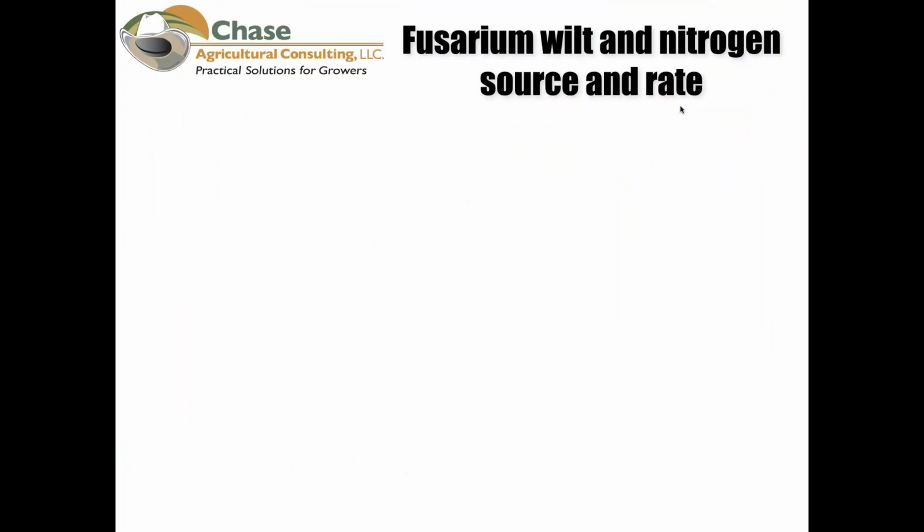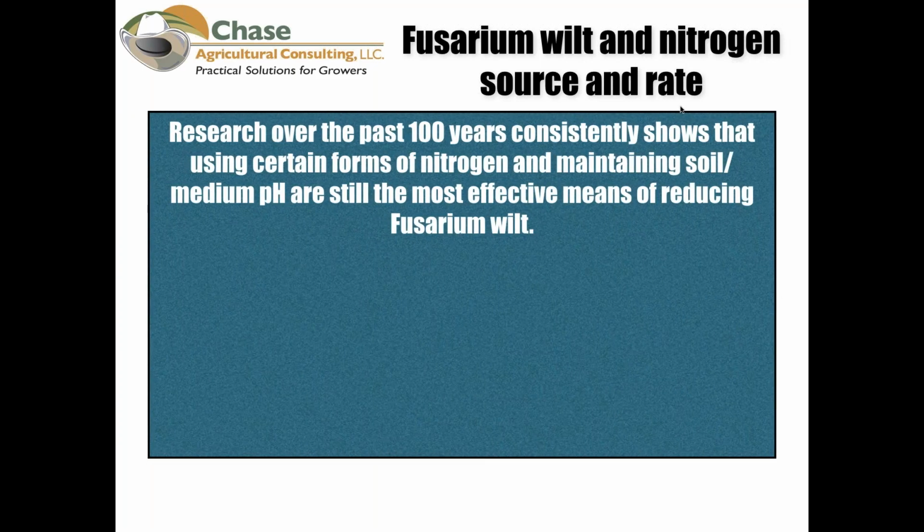So back to my favorite thing, I like very much to only talk about what works and not spend a whole lot of time talking about things you can do that really don't help you. And after years and years, I'm going to tell you that Fusarium wilt and nitrogen source and rate, so the type of nitrogen, but the amount of nitrogen, are very intertwined.